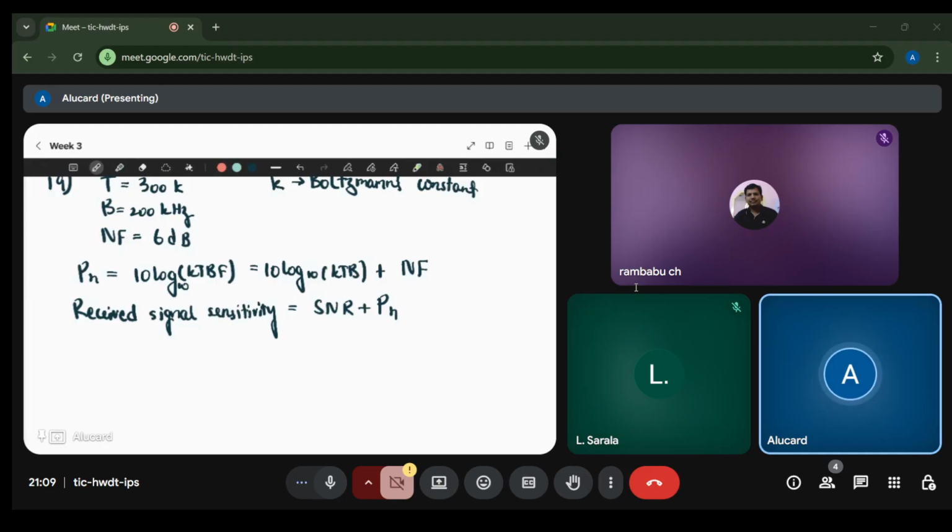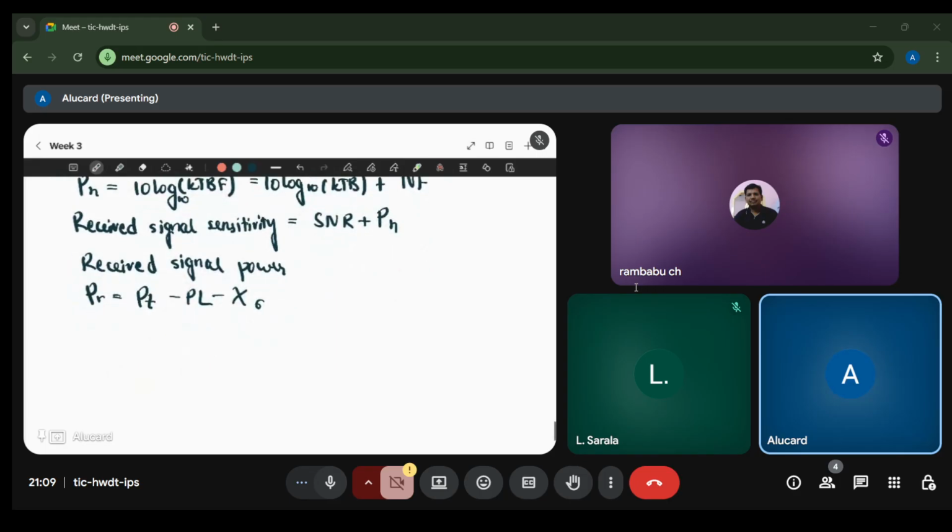Now you have received signal power. PR is equal to transmitted power minus path loss minus the loss due to shadowing, which is X sigma.